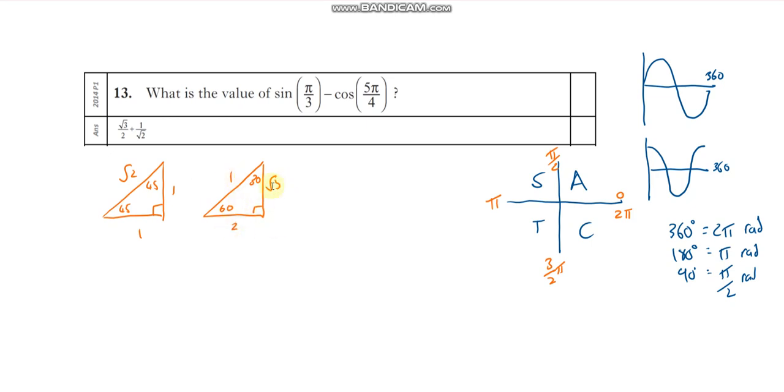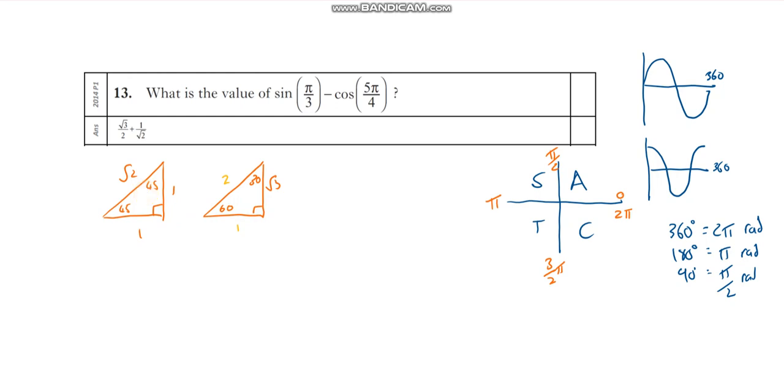Pythagoras will show you these work. In fact, sorry, I've got them on the wrong way. Root 3, 2, and 1: this squared plus this squared is this squared. And I always think the 3's go together here, the 3 and the 3. So obviously if that's 30, that's 90, that's going to be 60, and these are the same. So it's not too much to remember. You should have that quite easily.